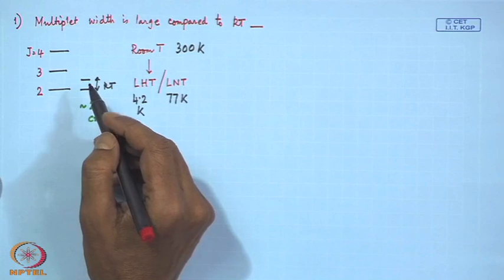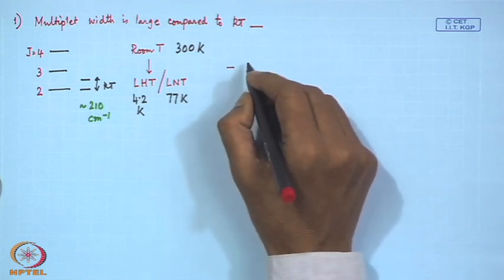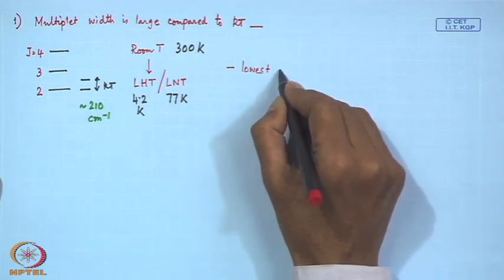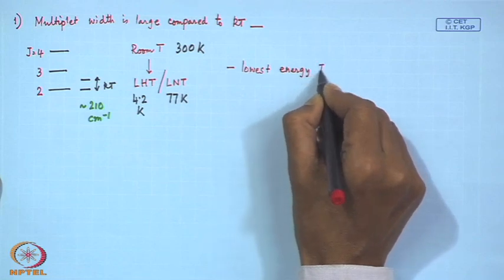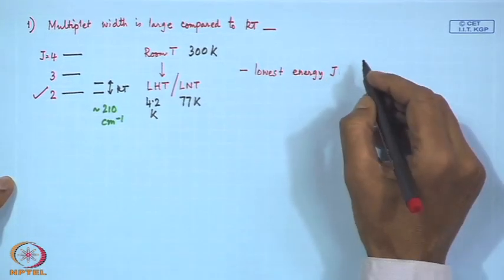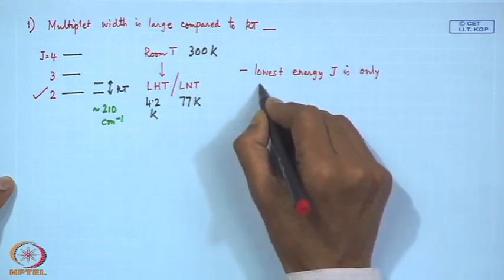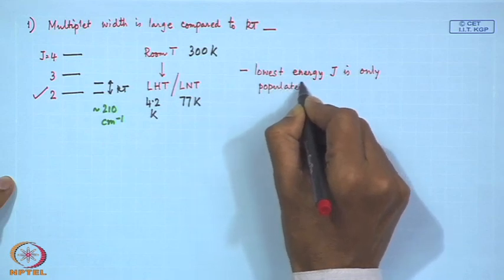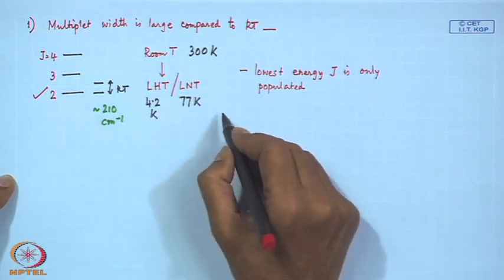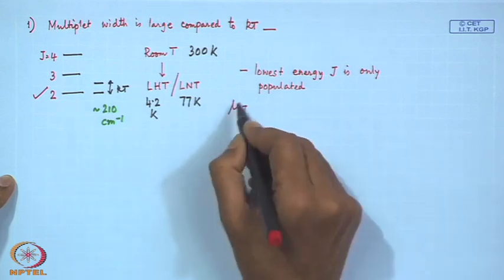In this case, only the lowest energy J state is populated, and J is now a good quantum number instead of L and S. So, the entire magnetic moment can be controlled by the corresponding mu J value.